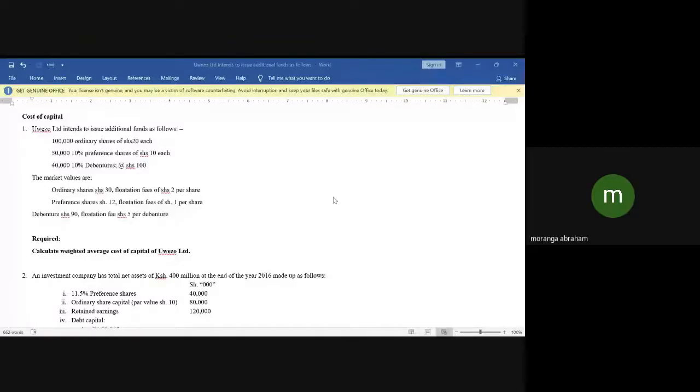You stopped sharing. Yes, I stopped whatever I was sharing because that was a table, a PDF table. Now I'm sharing the cost of capital. Have you seen it? Yes.